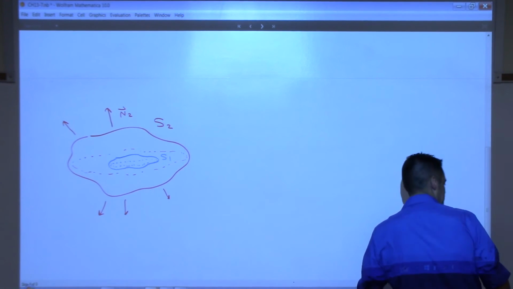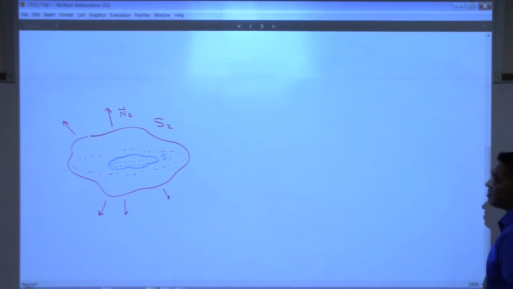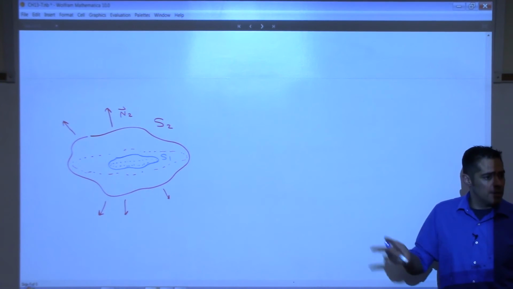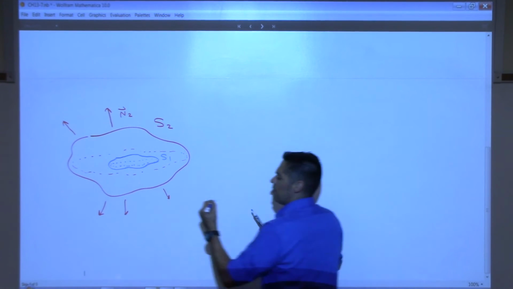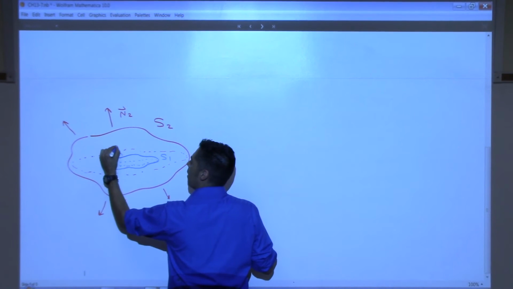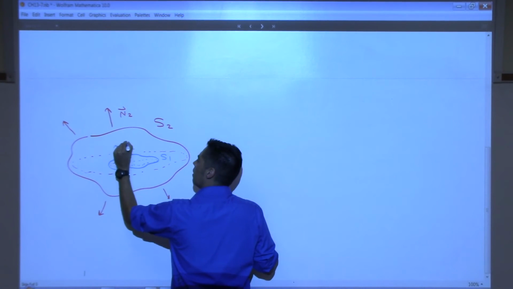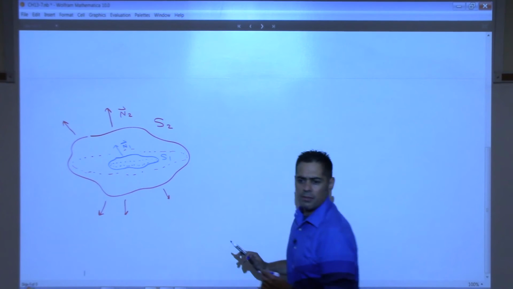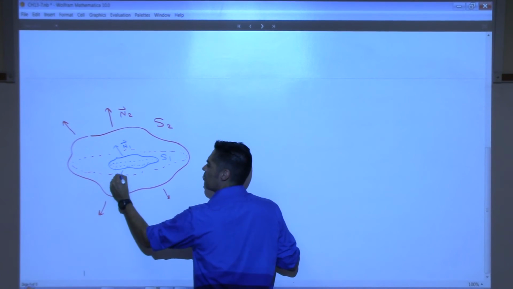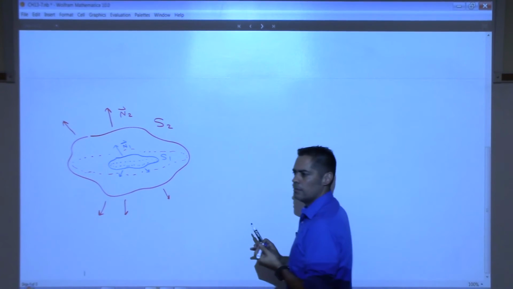The normal vectors for S1 in standard position would also point away from the solid, like that. And there's more on the other side, and they're pointing away from the solid. With me?